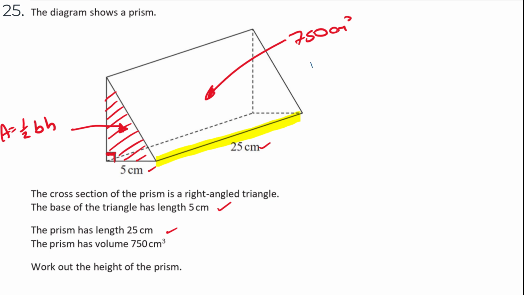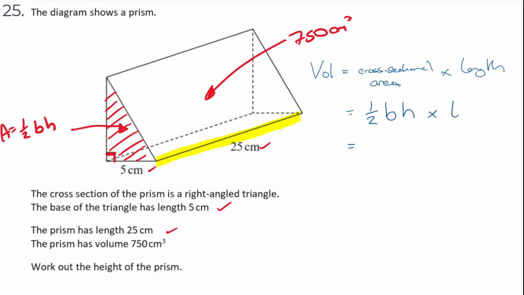Okay, so the volume of a prism is cross sectional area multiplied by length. And as I said, in this case the cross-sectional area is a triangle, so it's going to be half base height, and I'm going to multiply that by the length.